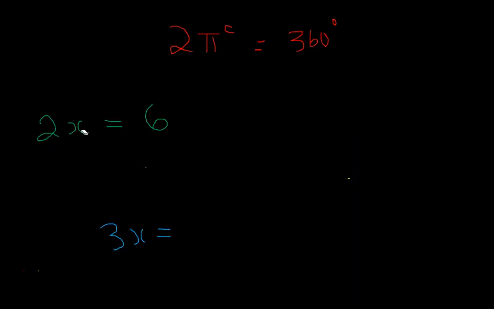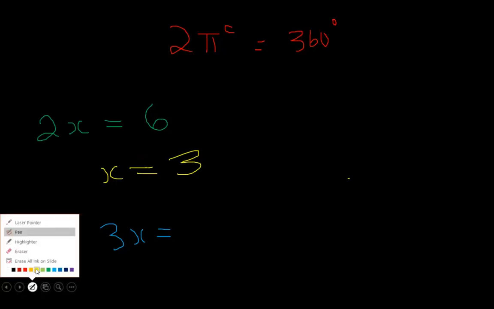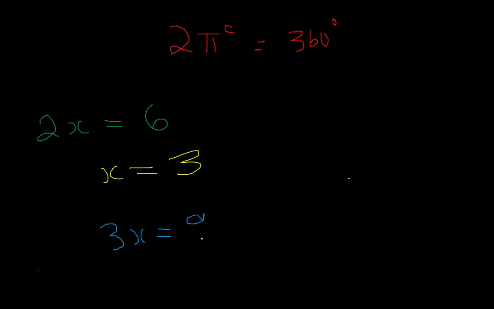Okay, so we said 2x is equal to 6, therefore x has to be equal to 3, because I said 6 divided by 2. But then if I ask you, if x is equal to 3, find me the value of 3x, you said it's equal to 9. Why? Because we multiplied 3 by 3, right?